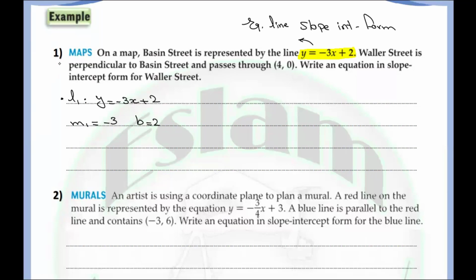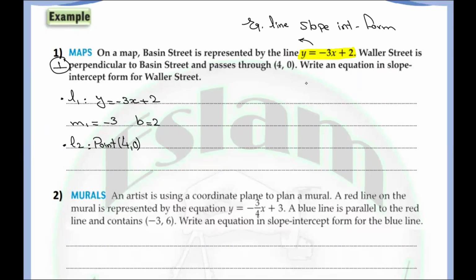When you find an equation of a line that is perpendicular or parallel to another, you need to find the slope. We found the slope now. It's perpendicular to another line, so we have line number 2, which is passing through the point (4, 0).